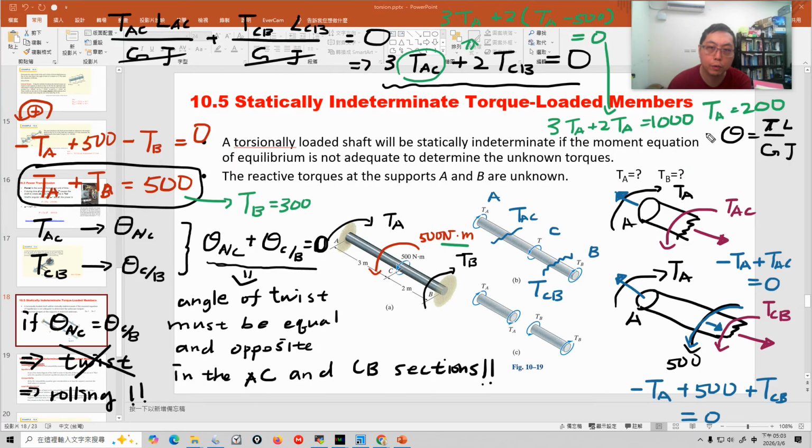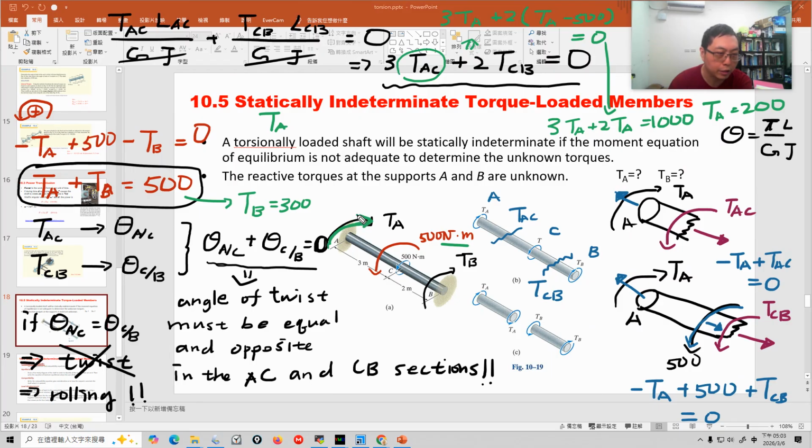Because our value is all positive, that means TA is really in this direction. TA is really this rotation direction, because our initial assumption was TA rotating in this way.